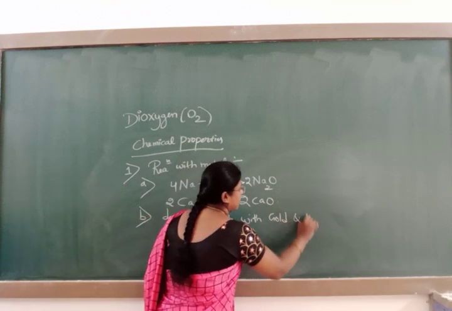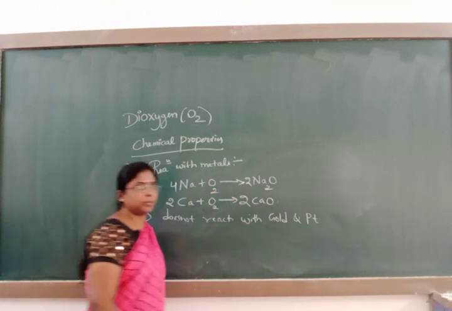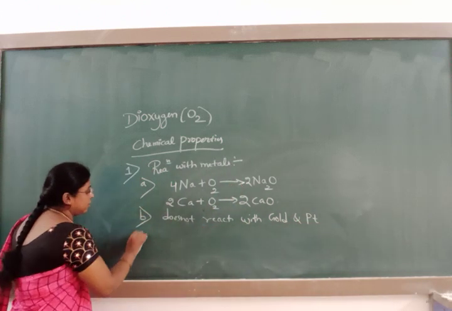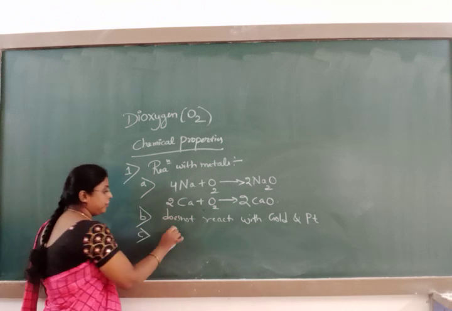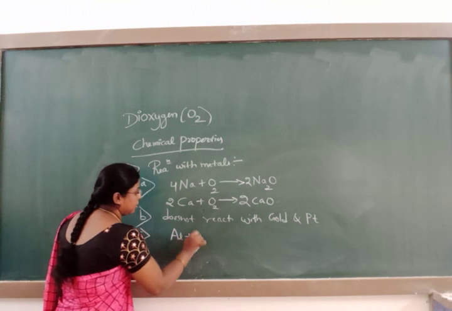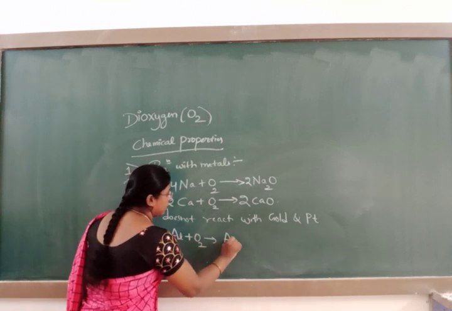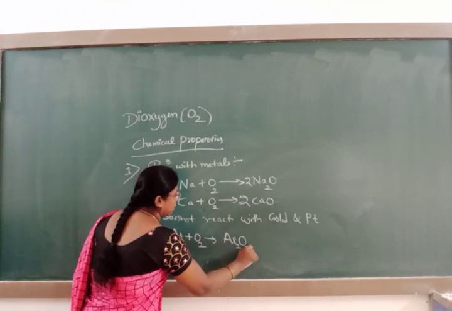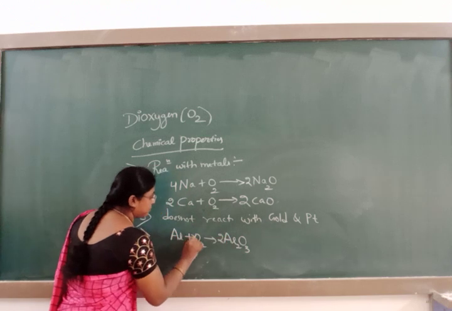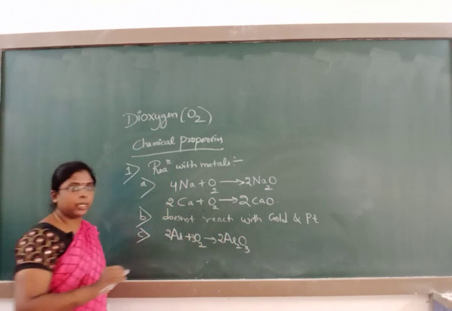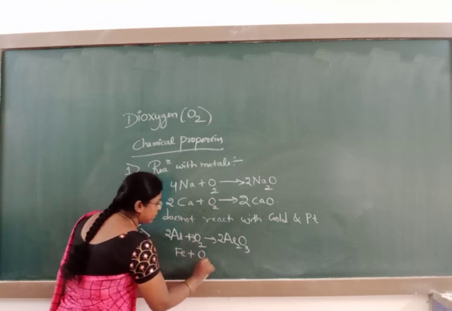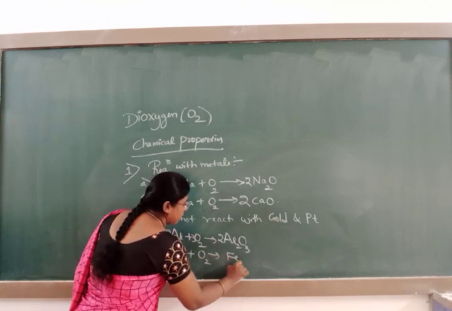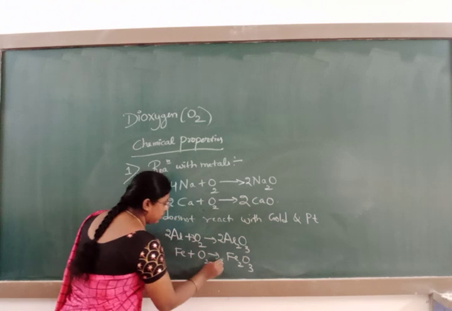Third, dioxygen reacts with aluminium to form aluminium oxide, Al2O3. It reacts with iron to form Fe2O3, iron oxide.